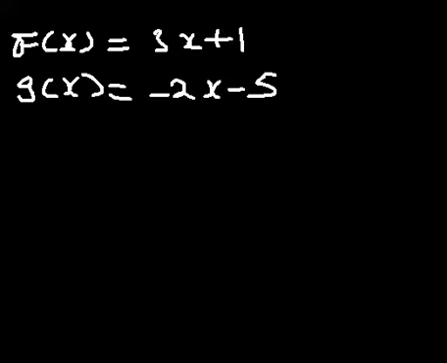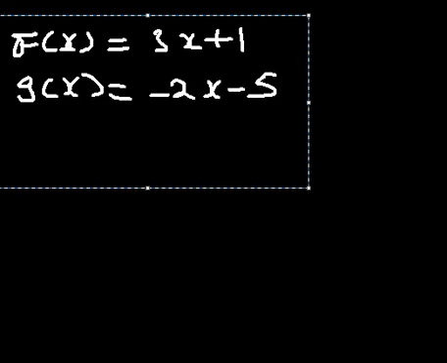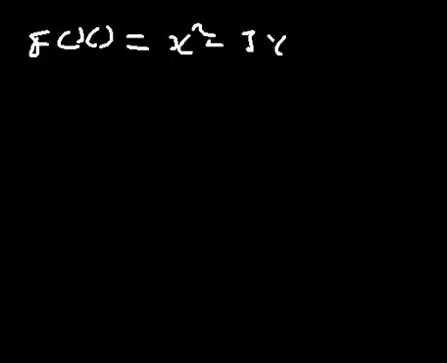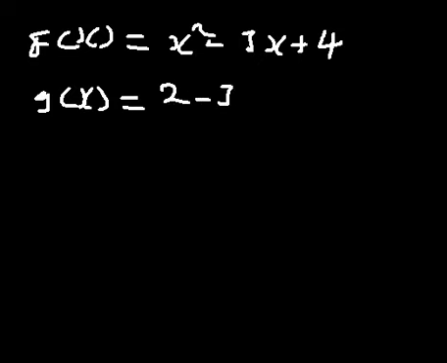And what if we have this case now? Let's say we have these functions. We have f of x being given as x squared minus 3x plus 4, and we have g of x, which is equal to minus 3x.